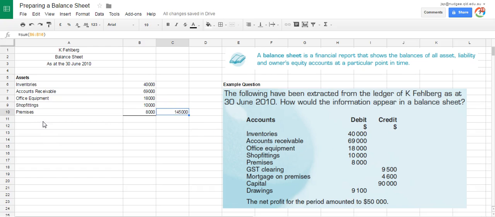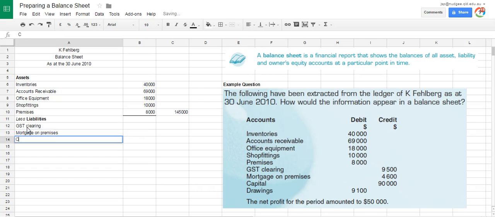Now after that we're going to take away our liabilities. So I'm going to do less liabilities. And as is the way with our accounting, I'm just going to italicize that one. And I might bold liabilities there. Okay, so assets are important, less liabilities. So our liabilities here are our GST clearing account, our mortgage on premises.